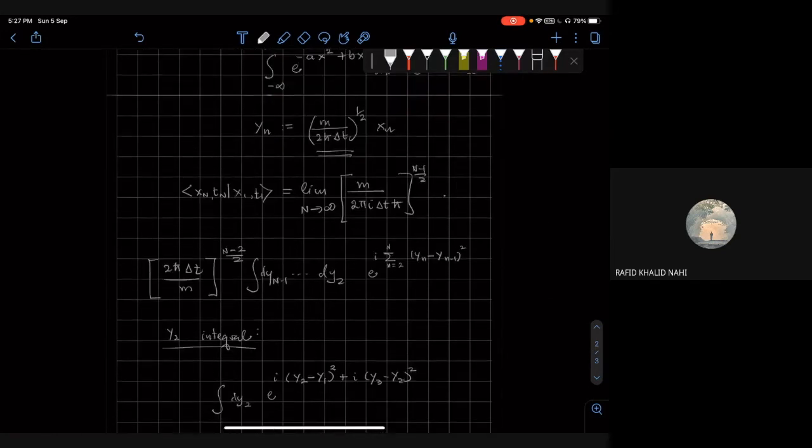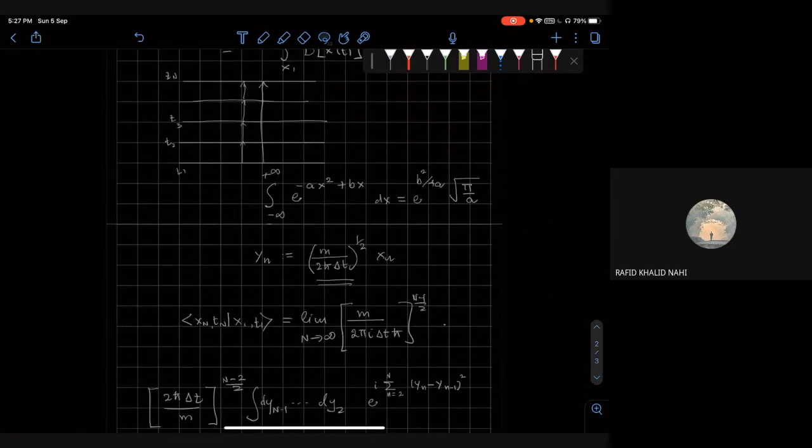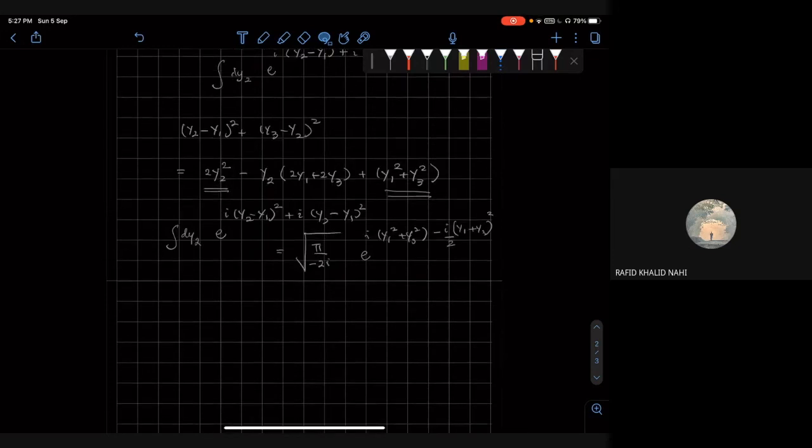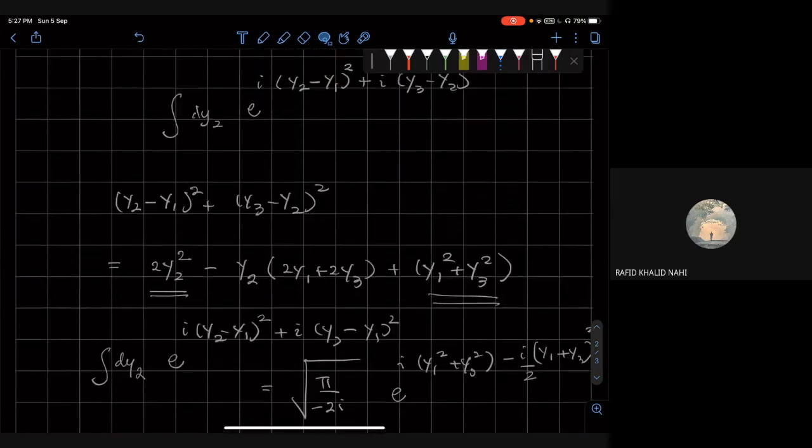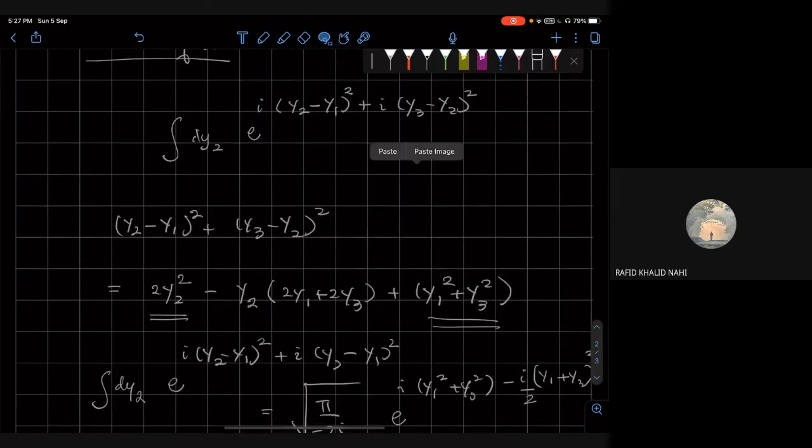Okay, let me just show you how this works. Let me take this formula, copy it, bring it down here where we can see, and paste it here.